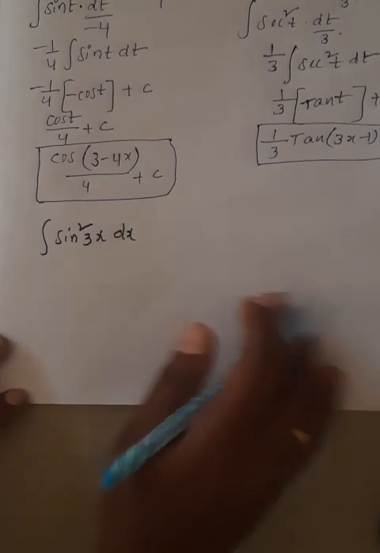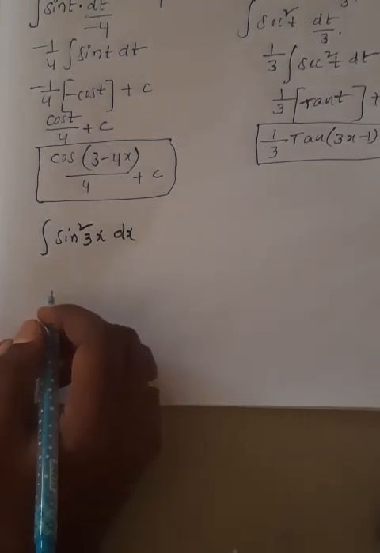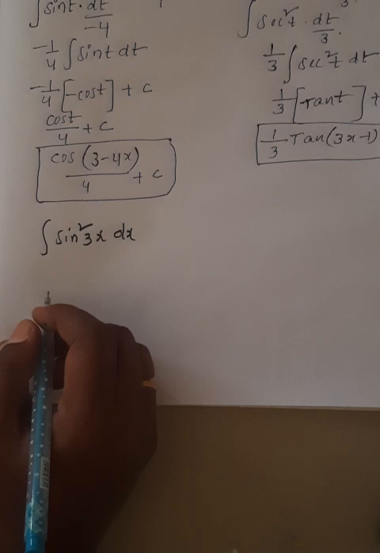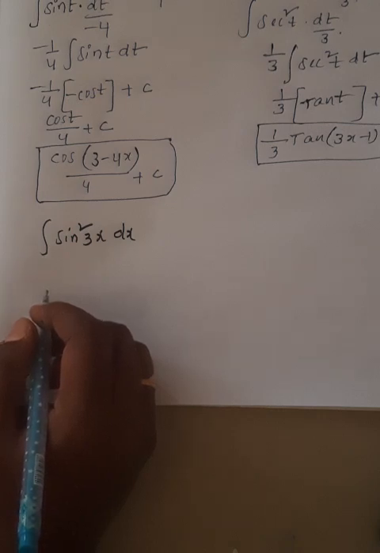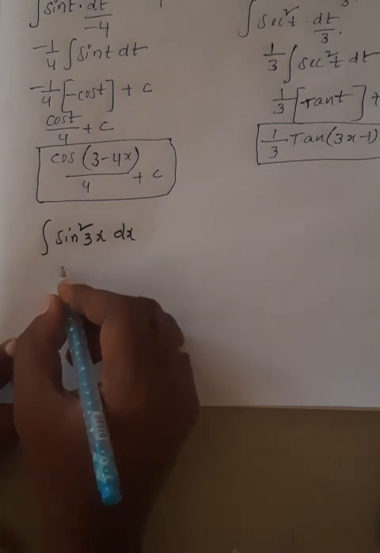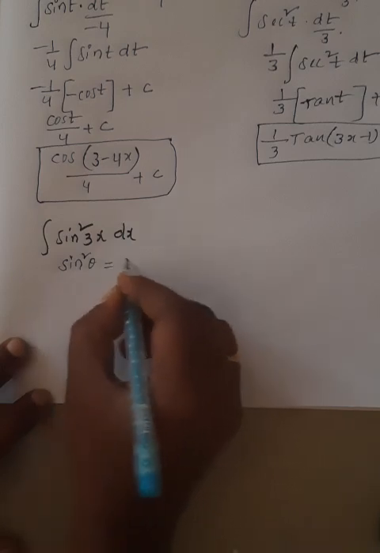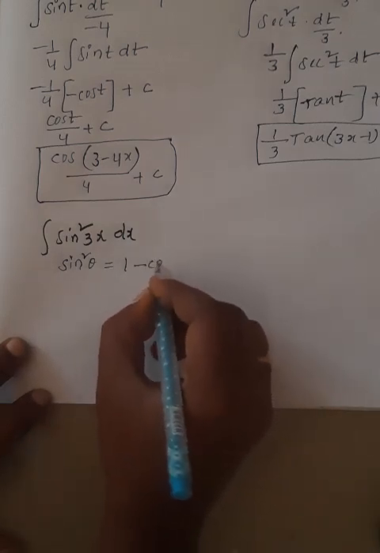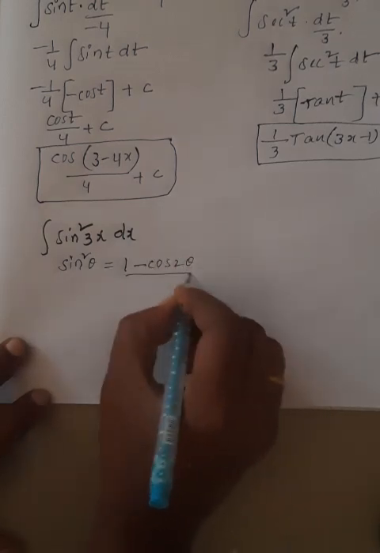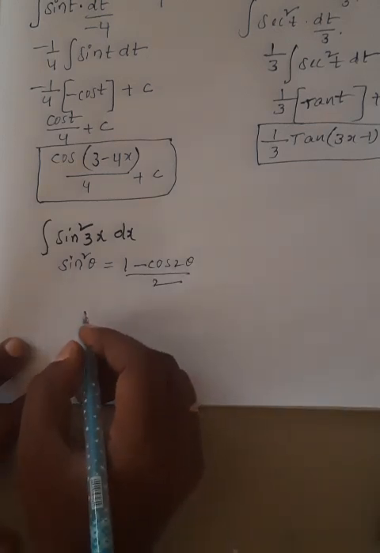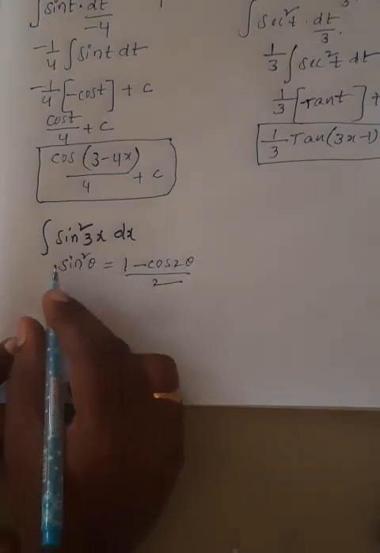Now let us do one more question, integration of sine square 3x dx. So the given question is in the form of sine square theta. We know that sine square theta is equal to 1 minus cos 2 theta by 2. So here we have to substitute this formula in the given question.